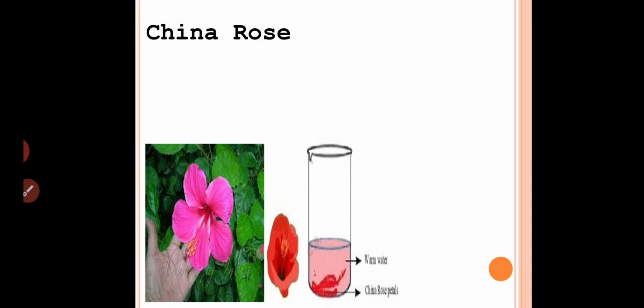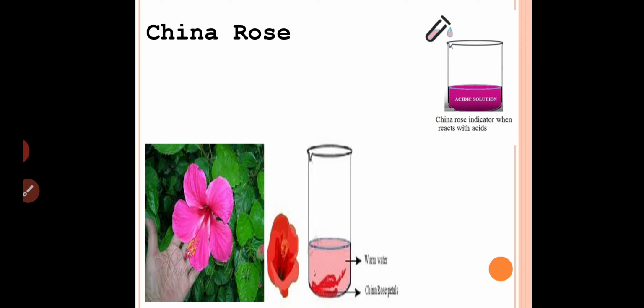So what we have to do is take any hibiscus flower petals and put them in water. Let it sit for some time. Then afterwards the color of the hibiscus flower remains in the water. It will mix with the water. Then that water we may use as an indicator.